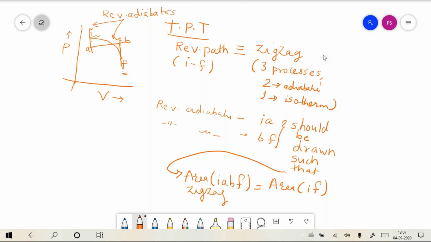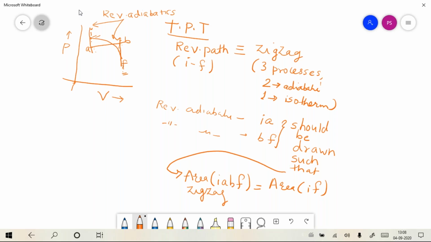Now for that, what I need to do is select the reversible adiabatics in a manner such that the area under IABF is the same as the area under I to F. You can think of one diagram on a pressure-volume plot where you can draw it such that you keep the area under I to F equal to the area under IABF.